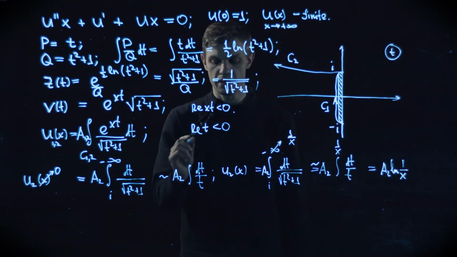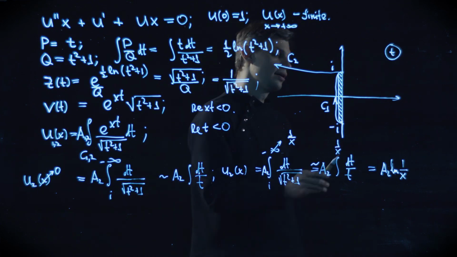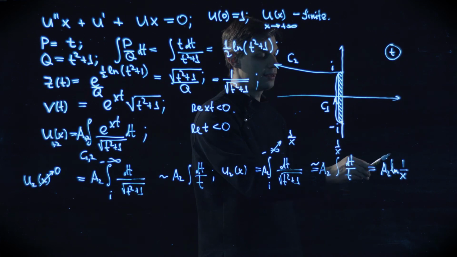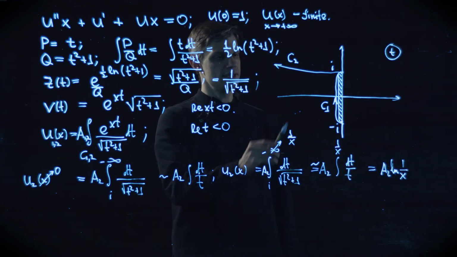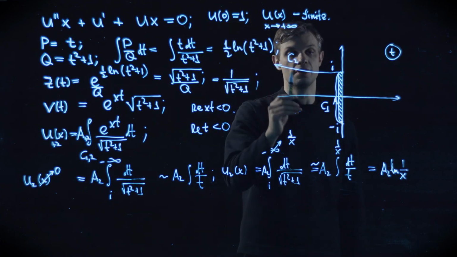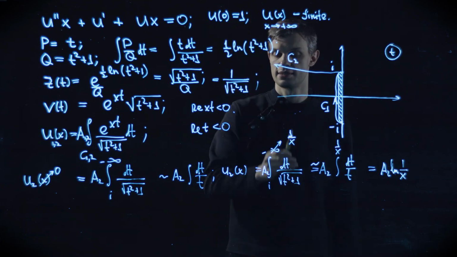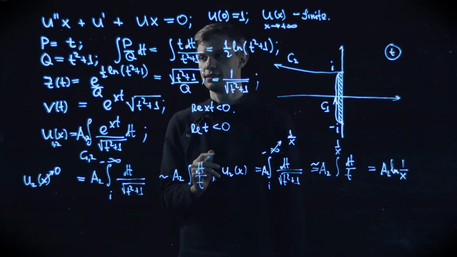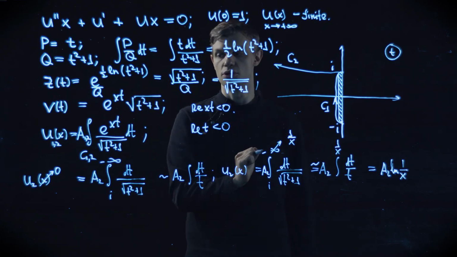So now you see why we get the divergent answer, because the function u2 has a logarithmic singularity at the origin. So this contour is no good for us. We are looking for a different solution which is finite at x equal to 0. So let's try to study another one, u1 of x.